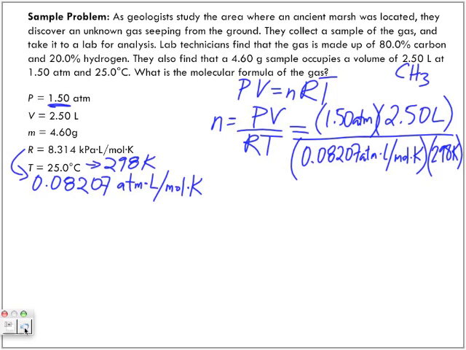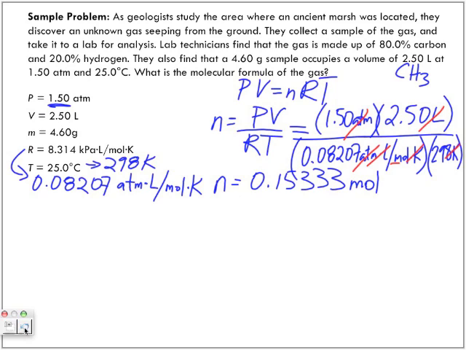Now let's look at what gets crossed out: atmospheres, liters, Kelvin. Last unit standing is moles. So the number of moles, or our n value, is 0.15333 moles.